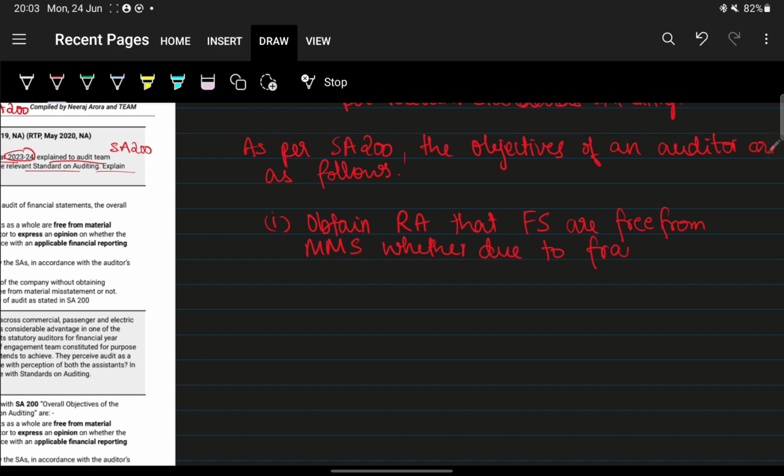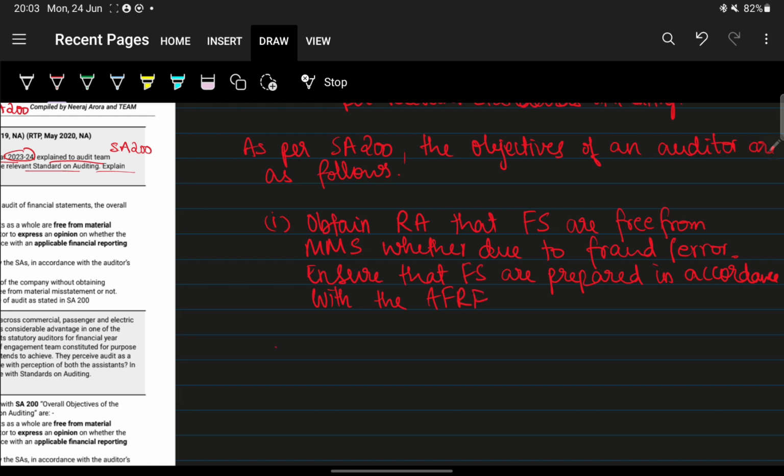Okay, next, he also has to ensure that the financial statements are prepared in accordance with the applicable financial reporting framework, the AFRF.